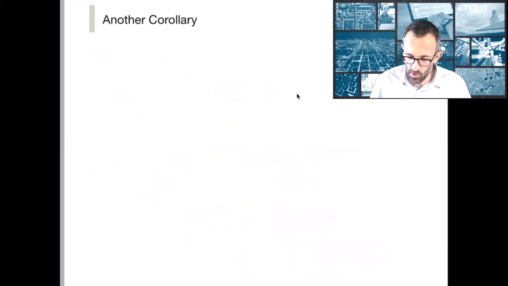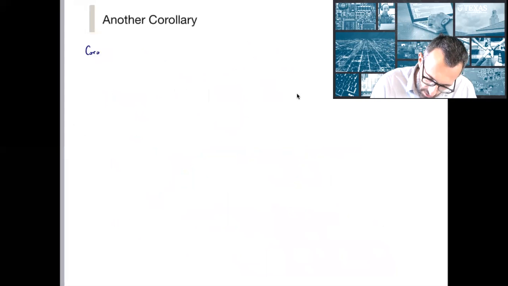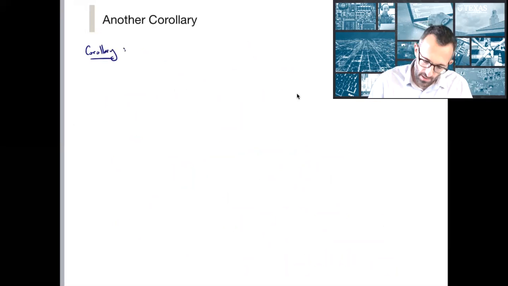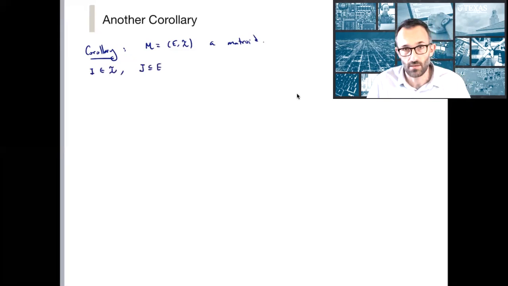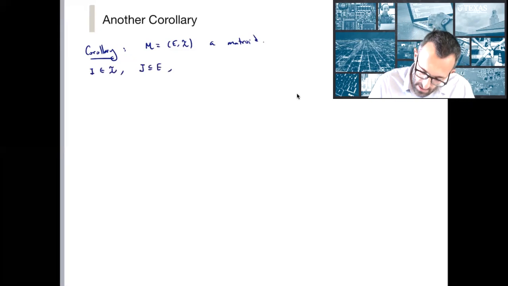Okay, let's keep going and show another corollary that is very much in the spirit of this result. Again, M as always is our matroid. I is an independent set. J is some other subset of the ground set.